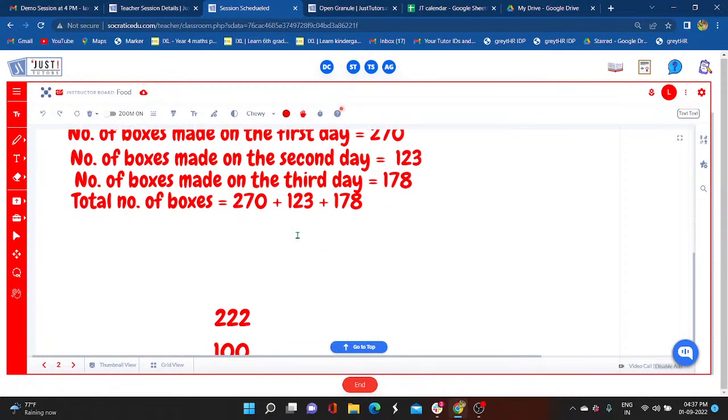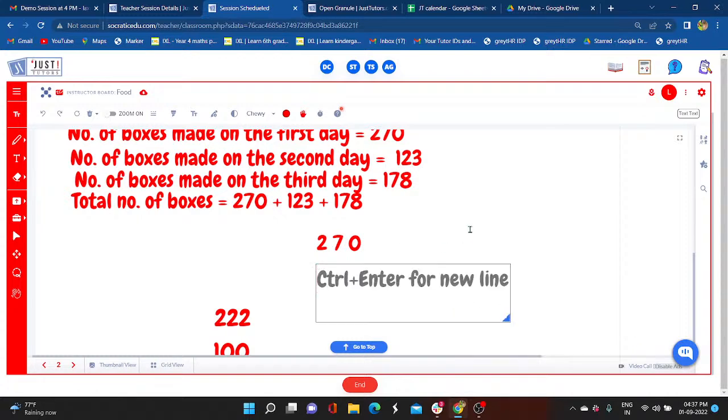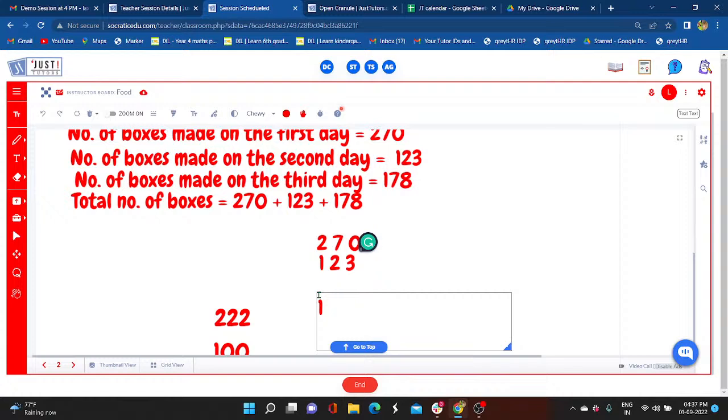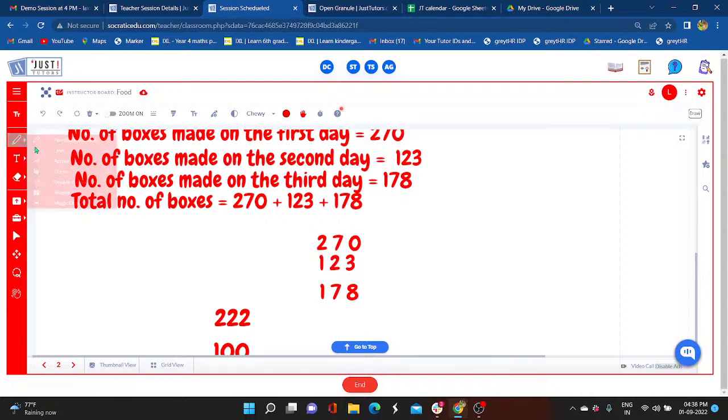And now I would try adding these using the column addition method. So 270 then 123 and then we have 178. We can try adding these three numbers.